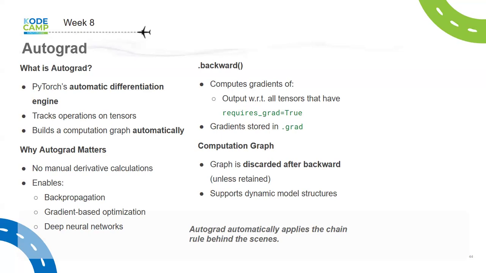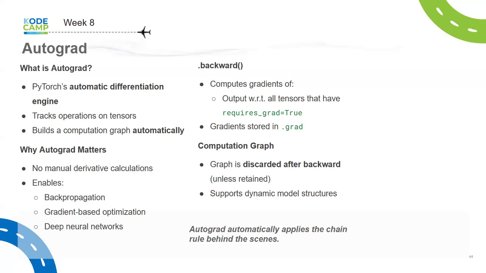That's what AutoGrad does. And it is very, very powerful because it takes a lot of cognitive load away from us who are using this framework. We don't need to do manual calculation of gradients or derivatives, which some frameworks require that you do. But you don't have to.